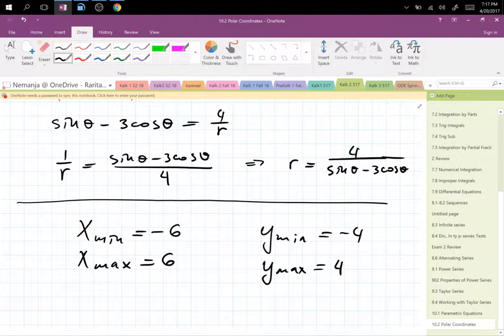And then you have to change the mode. Go to mode on line 4, change into POL, polar. And when you change that, go into window and make sure you have negative 6, positive 6, negative 4, positive 4. Don't touch any of that stuff.